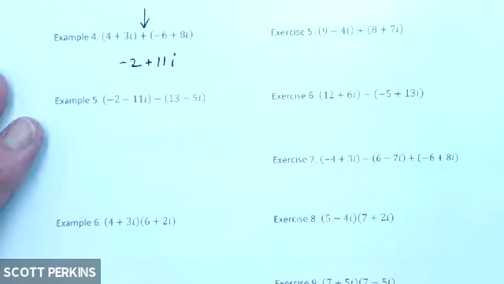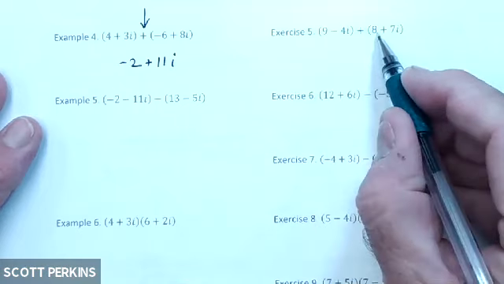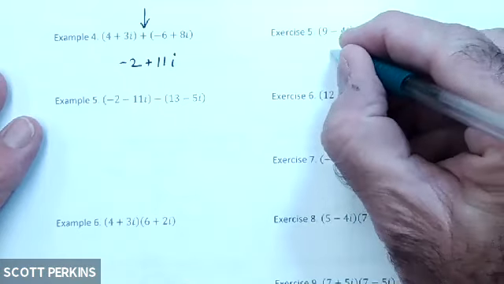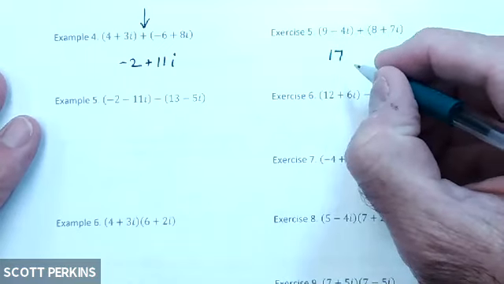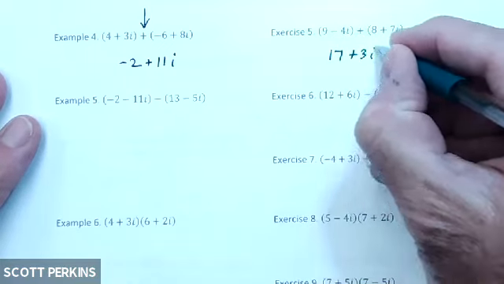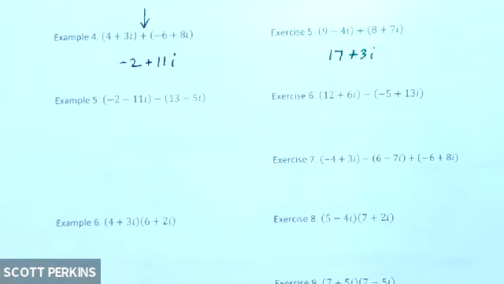Okay, so when I add the real parts, 9 plus 8 gives me, yes, thank you for being awake. And then -4 plus 7 gives me how many i's? +3i, great. That's adding complex numbers. It's just adding like terms.